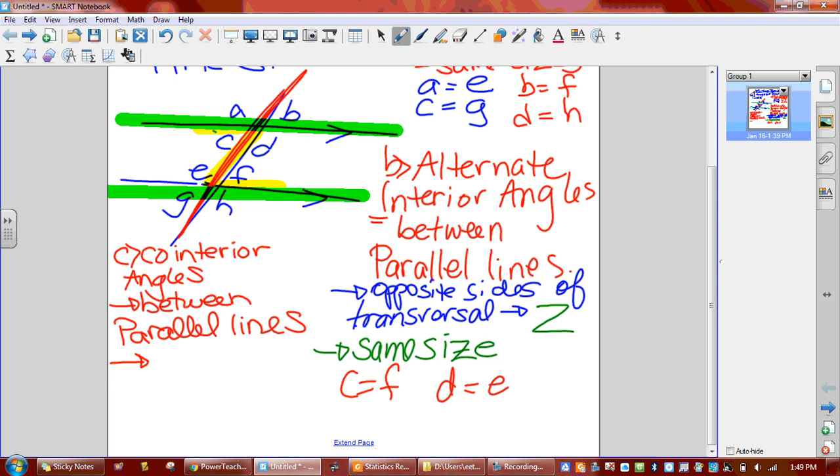They add to 180 degrees, and they form a C or backward C. Okay, they form a C or a backward C. So in this case, I'll let you write that down before I continue.